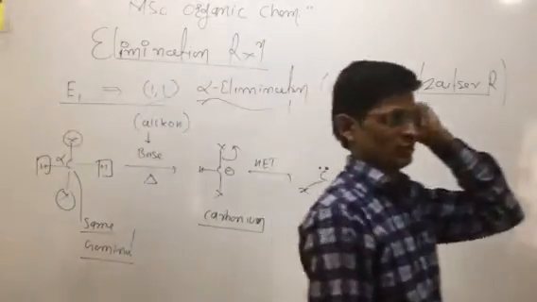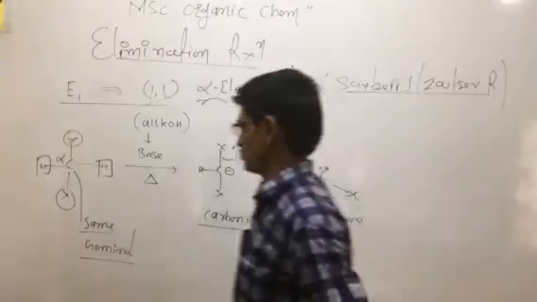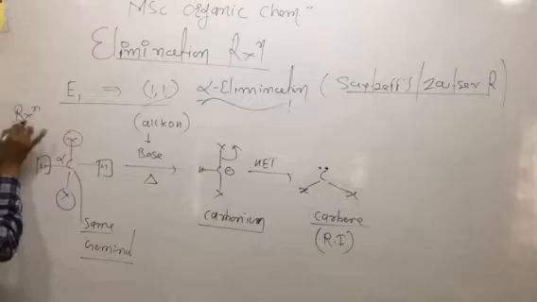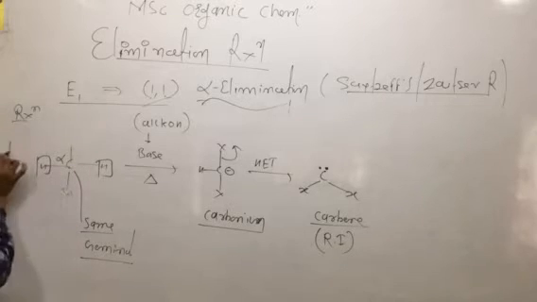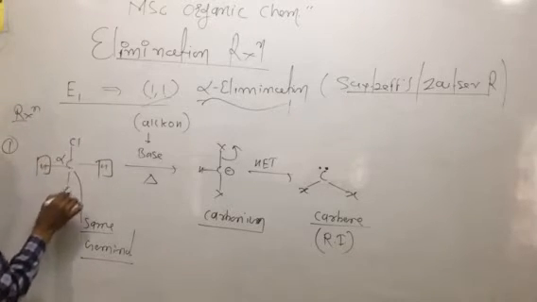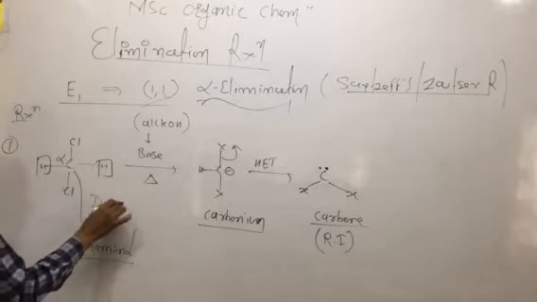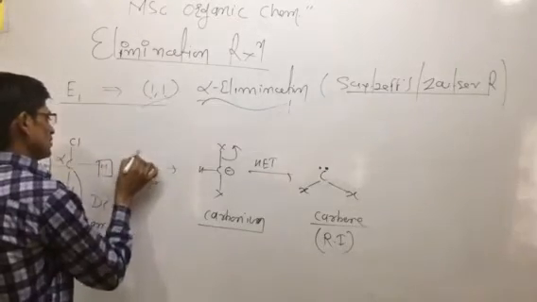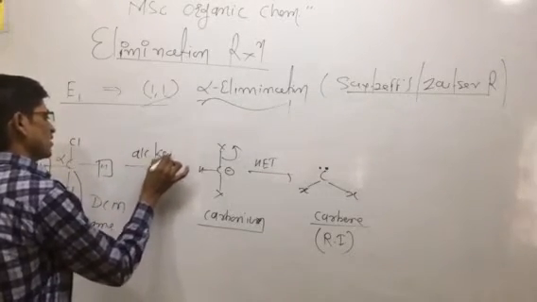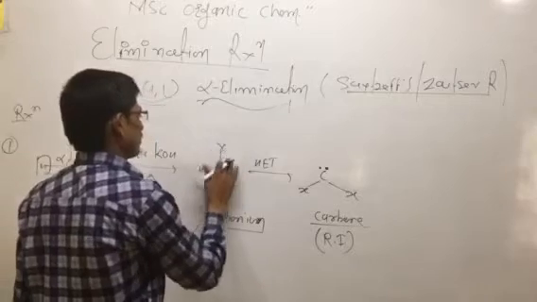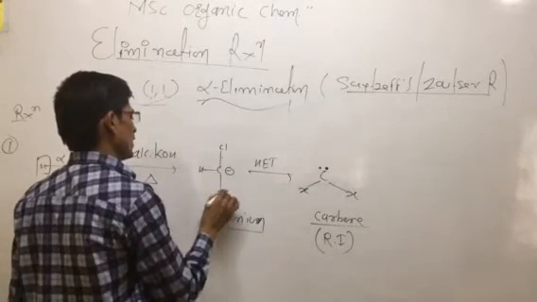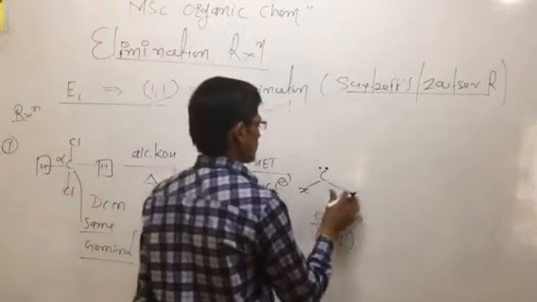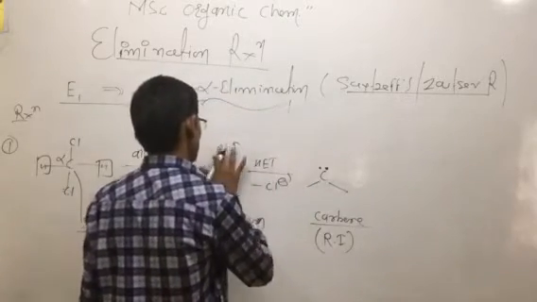Alpha elimination reaction. Instead of the general case, in a particular reaction we can take dichloromethane. It is treated with alcoholic potassium hydroxide. Then the chlorine atom is lost by heterolytic bond cleavage, and the hydrogen atom is lost.